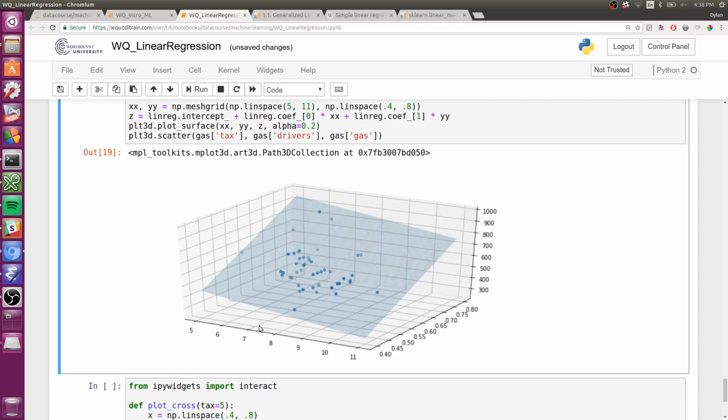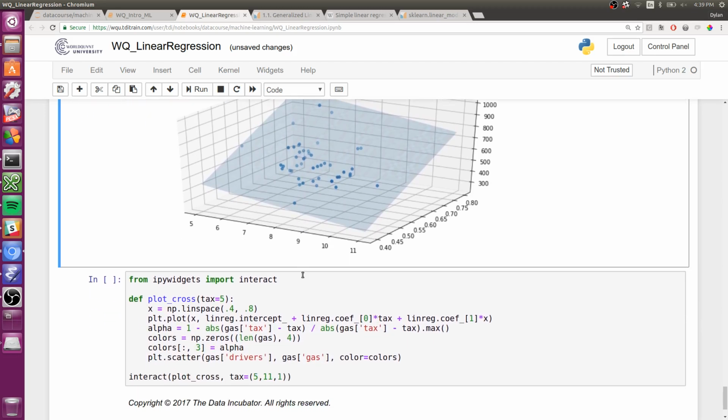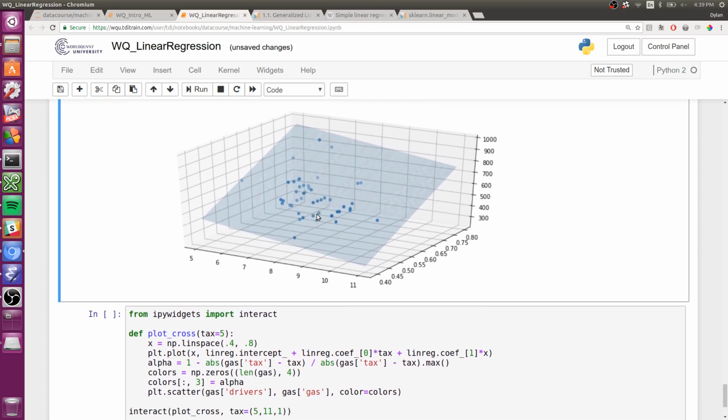So this plane slices through the space, decreasing along the tax axis and increasing along the drivers axis. And again, in higher dimensions with more features, we couldn't visualize this at all, but in principle, it works the exact same. I'm just trying to show some geometrical intuition beyond one dimension.